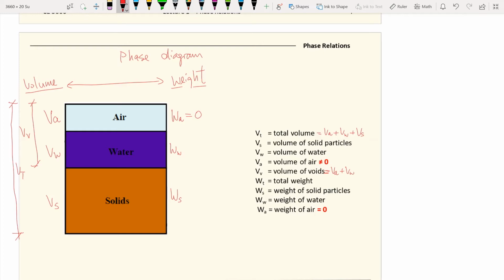It's negligible. So that's why the weight of the air, at least in this class, we can always state is equal to zero. And when we add up those three terms, we have the total weight. So the total weight will be equal to the weight of water plus the weight of the solid.